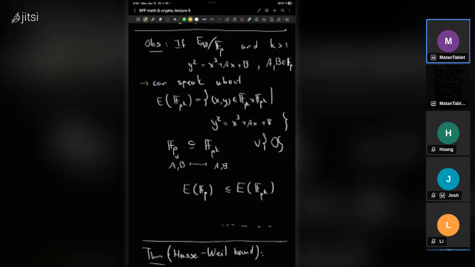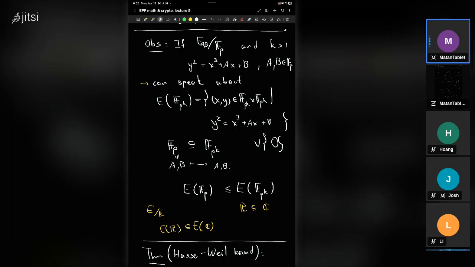It's like, just think about it this way. If I had an elliptic curve over R, because R is contained in C, I can talk about the real points, and I can talk about the complex points. The complex points, it's the same equation, right?